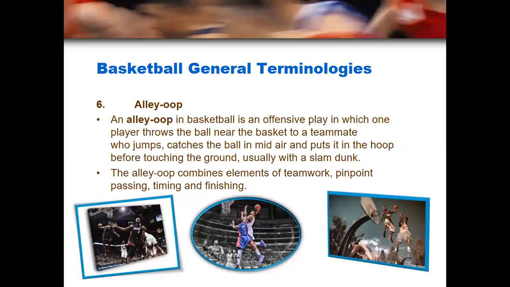That's the only time you're allowed to use both hands in the dribbling process, but you're never allowed to use both hands simultaneously in contact with the ball, bouncing it onto the ground. That would be considered a double dribble, and that's a violation. So then you lose possession of the ball.